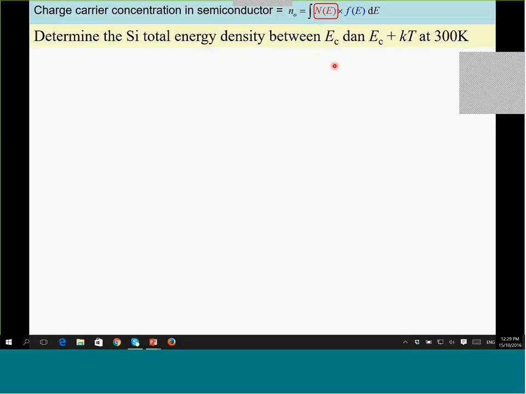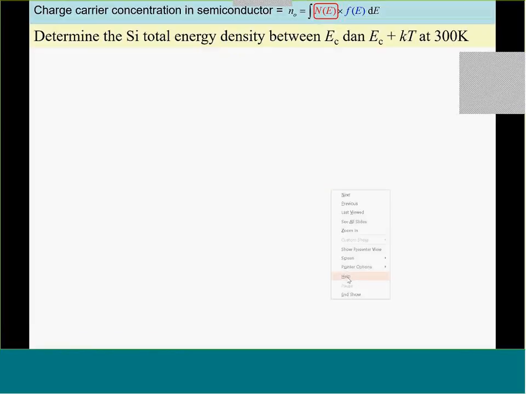But anyway, how are we going to find the silicon total energy density? We would like to know the total energy density between EC and EC plus kT.